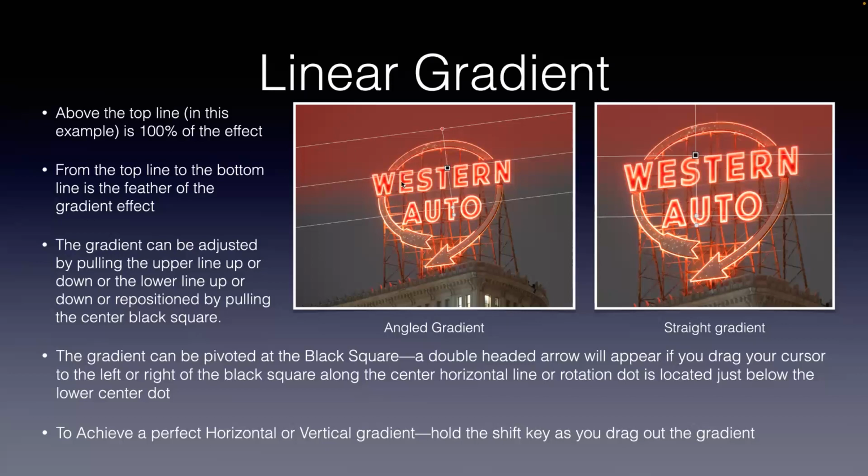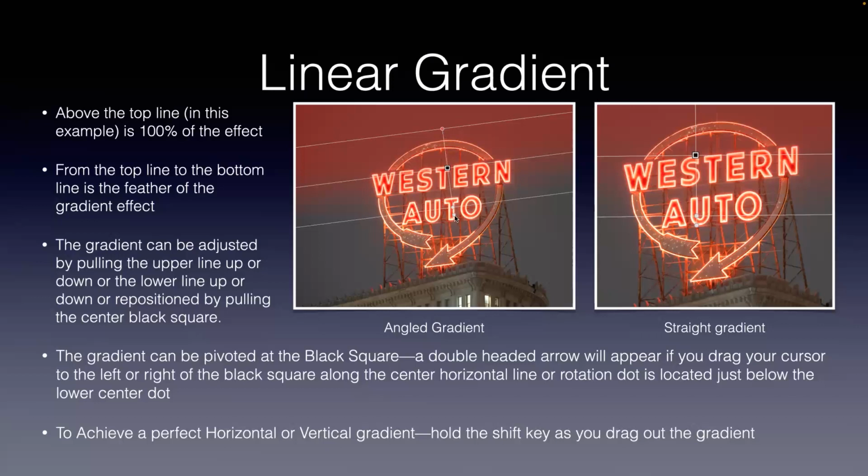To do that, first off, you can reposition it by clicking on this black box. So click and drag it to the area that you want. If it's too low or too high or whatever, you can move it. If you think that this gradient is too wide, the feather or the fade area doesn't need to be as wide as it is, there's a dot on the top line and a dot on the bottom line.